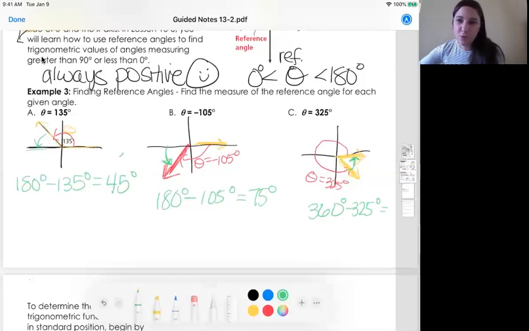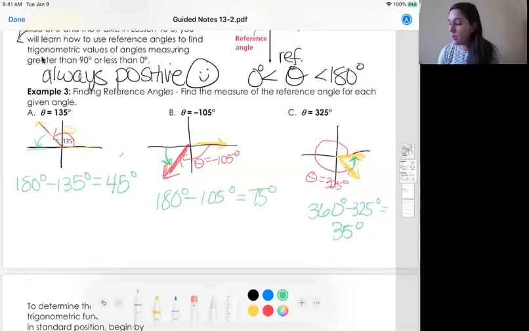They're different for each quadrant. I'm not really going to give you those formulas. I think if you draw a picture, you can think about it and say, okay, what math is going to help me find this angle? All right, so 360 minus 325 is 35 degrees. Okay, another way we could have done B here, now that I'm thinking about it. Yeah, that's okay. We're good.